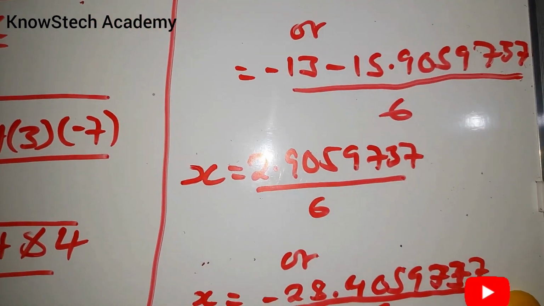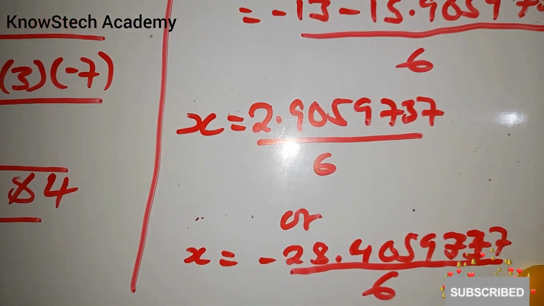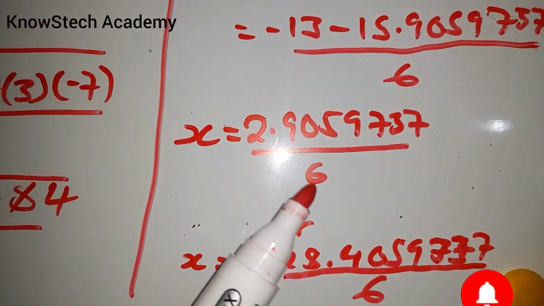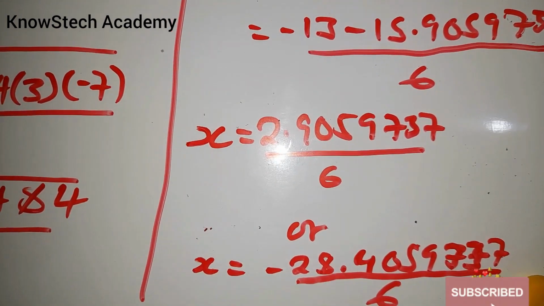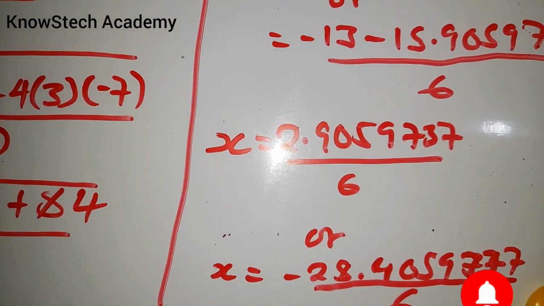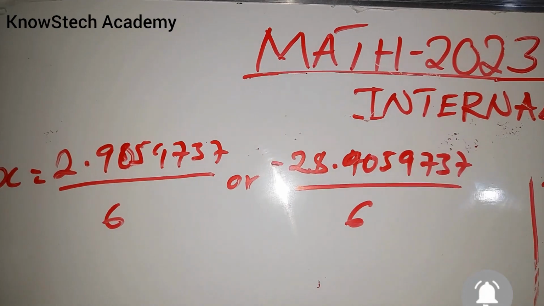Let's just create some space here. So we're just remaining with division on both sides. So this is what we have.